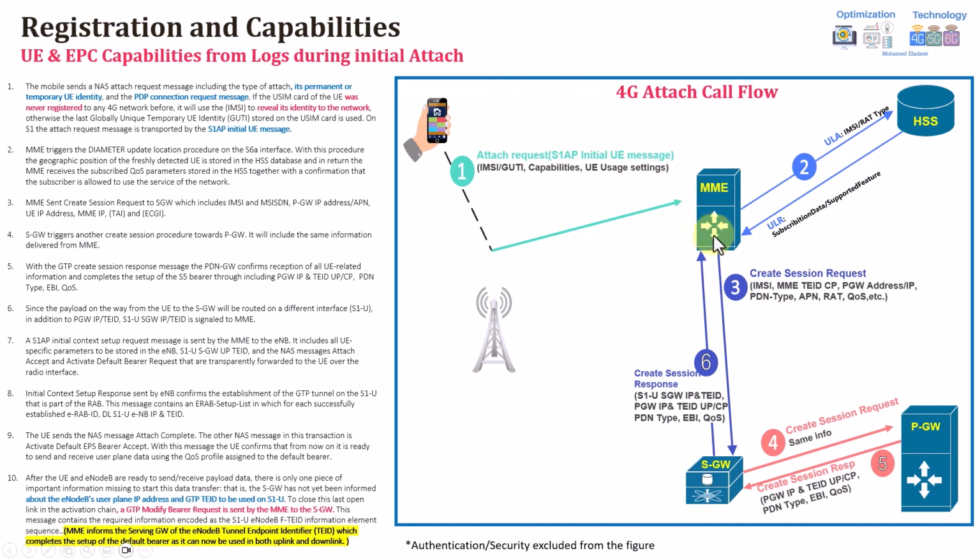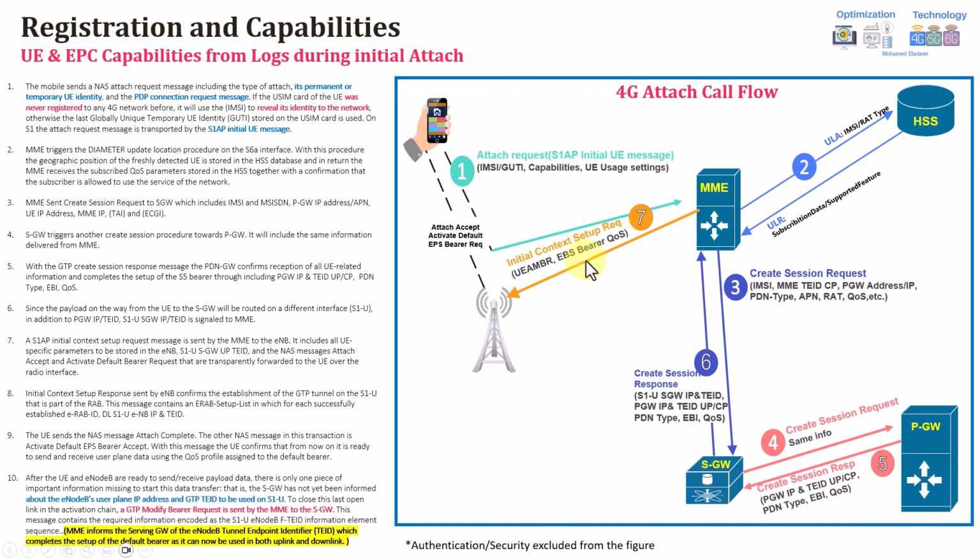Once this message is received, the MME needs to communicate back to the eNodeB, asking the eNodeB to start creating the context for this particular user. So now it will be sending this initial context setup request, which is actually the equivalent to the attach accept message and activate default EPS bearer request. So in this message, it will include almost the same information which was sent here, except for sure the TEID or this kind of information just between these three entities.